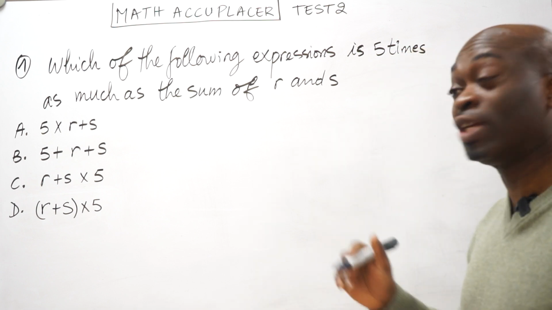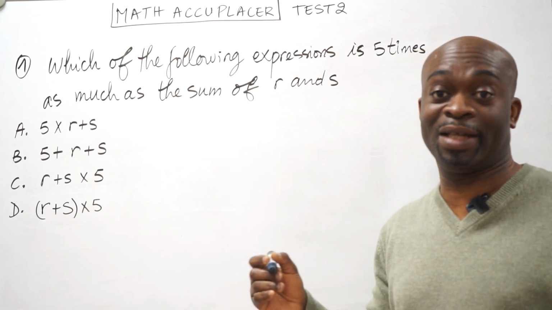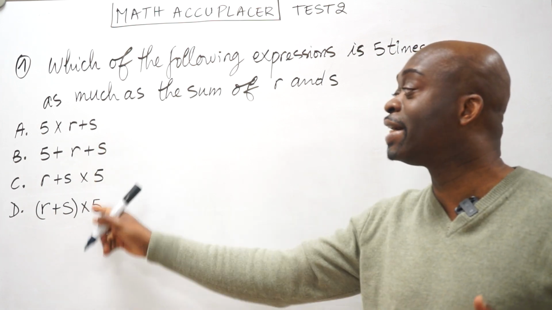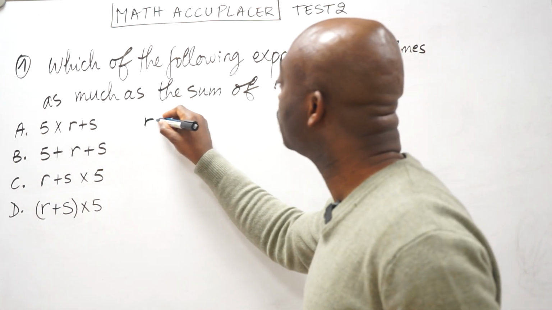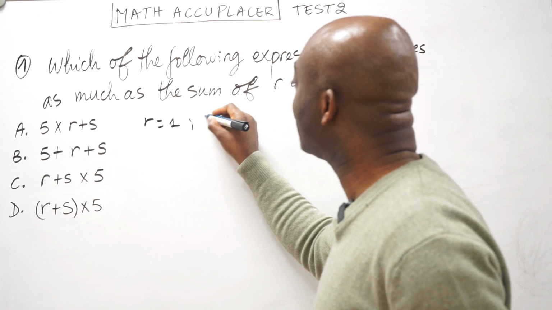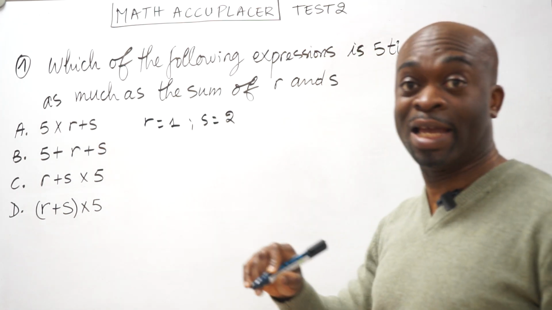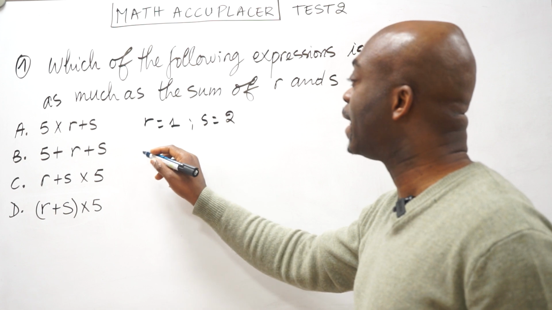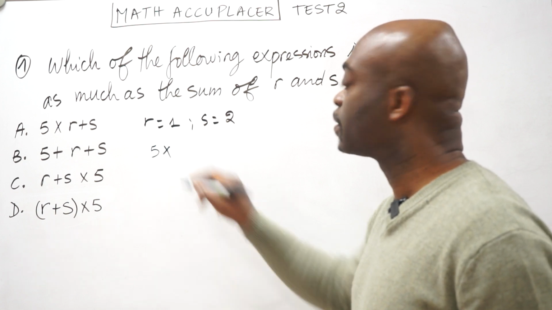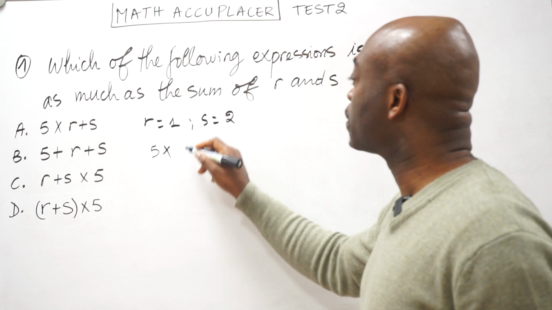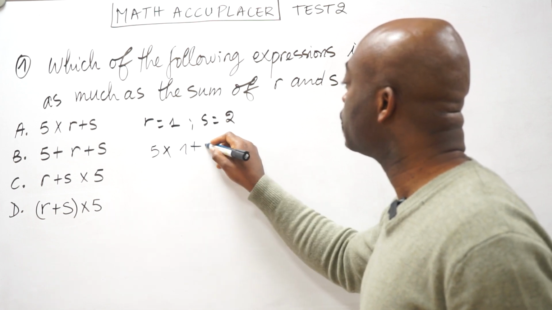All right, so what we can do is pick out numbers for R and S and see what answers we get for these. Let's say that R is equal to 1 and S is equal to 2. If we take A, we have 5 times R plus S, so that means 1 plus 2.